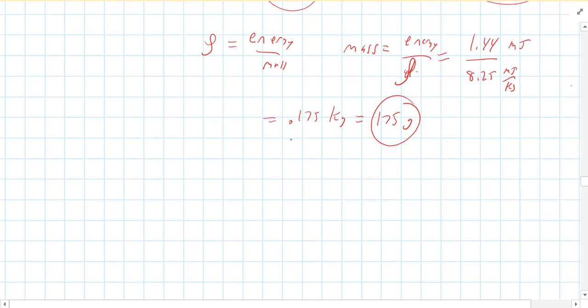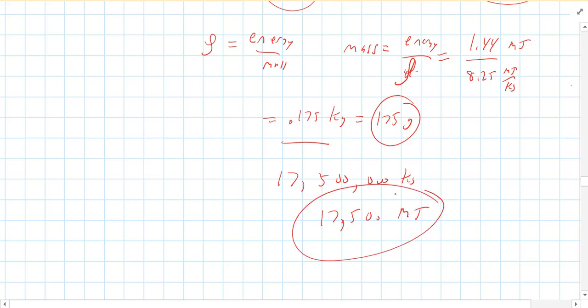If you take this times 100 million, you get 17 million, and then I'll round it to 17,500,000 grams, or 17,500 kilograms, or 17.5 metric tons of coal every day just to power our television sets for 1 hour. Imagine everything else that we're running in a given day.